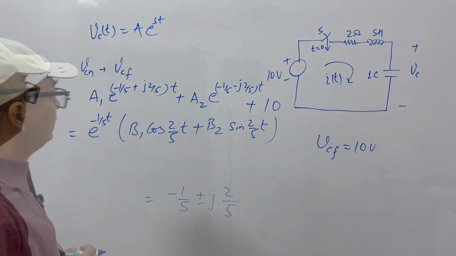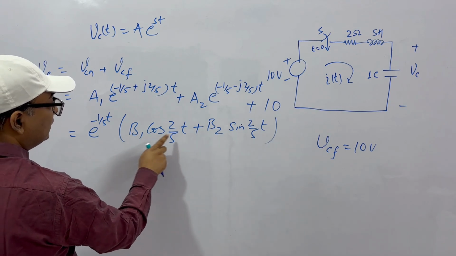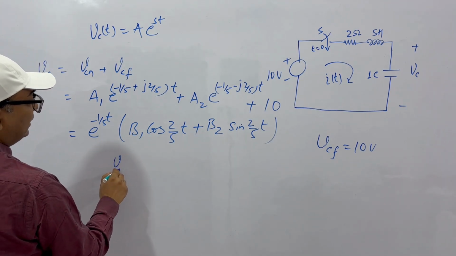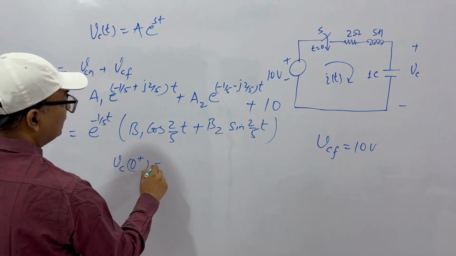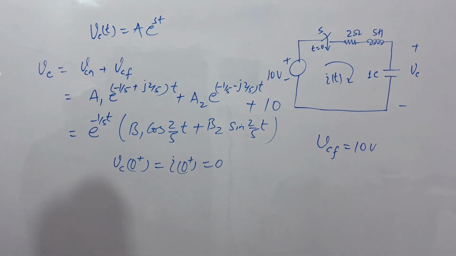Okay, so how do we get these constants? Let's say our initial conditions, Vc(0+) and I(0+) for the inductor, are 0. So first of all, let's put it here.